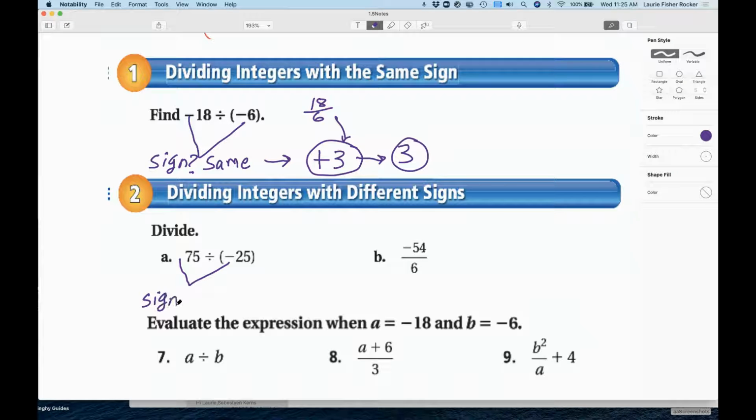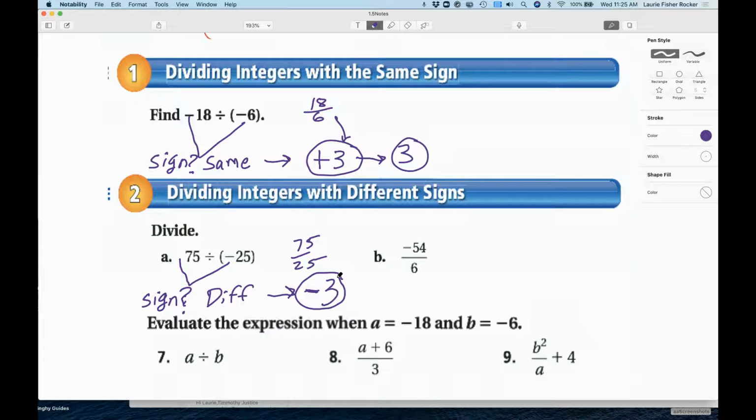The 75 is positive, the 25 is negative, so our signs are different. So it's going to be negative. And then we do the math, 75 divided by 25. Oh, that's going to be 3. And if you don't know your 25s very well, you need to work on those because you need 25, 50, 75. Okay, that's 3. So negative 3 is going to be my result.